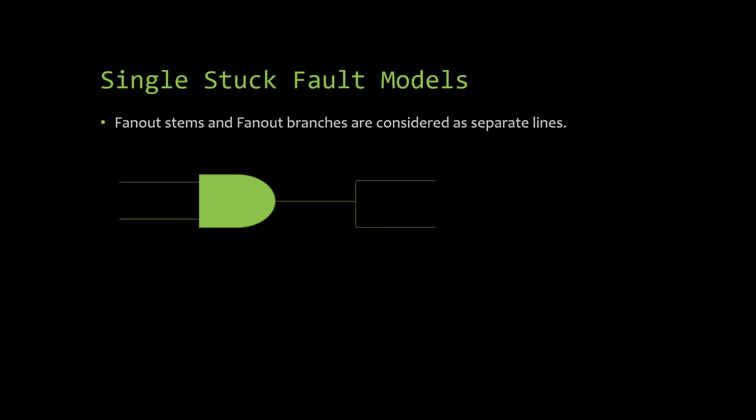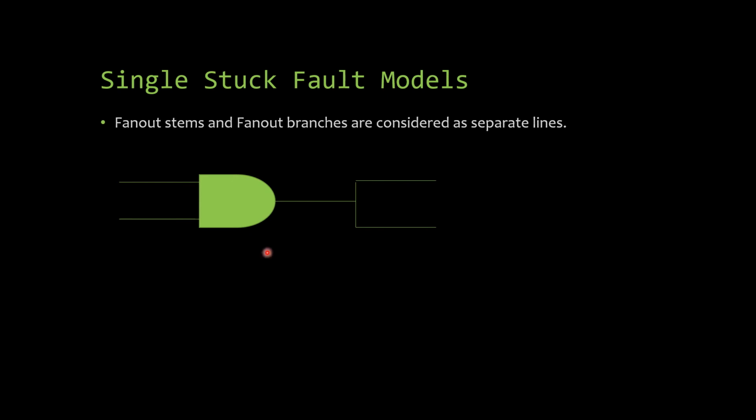Now, fan-out stems and fan-out branches are considered as separate lines in SSF or single stuck faults. Consider the circuit shown in the figure. This is an AND gate with two inputs and an output, and we have a fan-out here with fan-out branches.